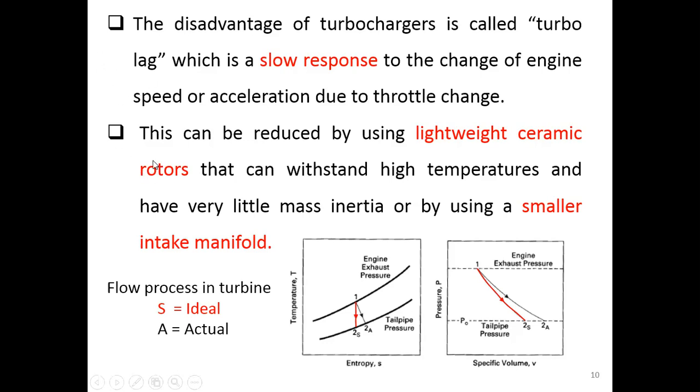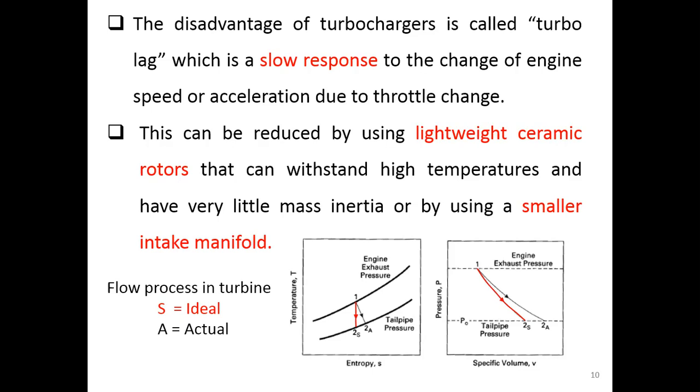However, this slow response problem of the turbocharger can be reduced by using a lightweight ceramic rotor. So we consider the material used for the turbine; it has to be a lightweight one.